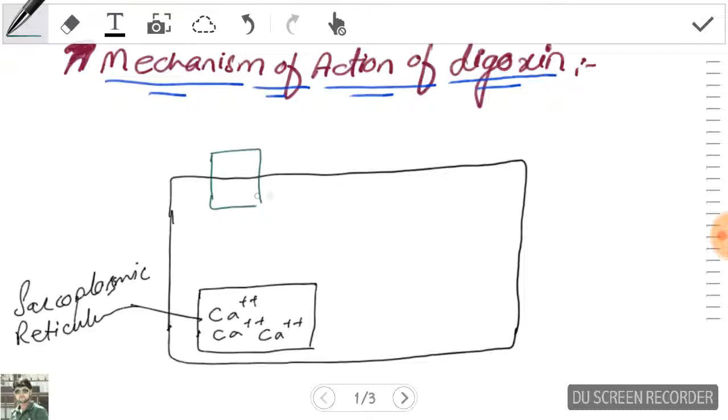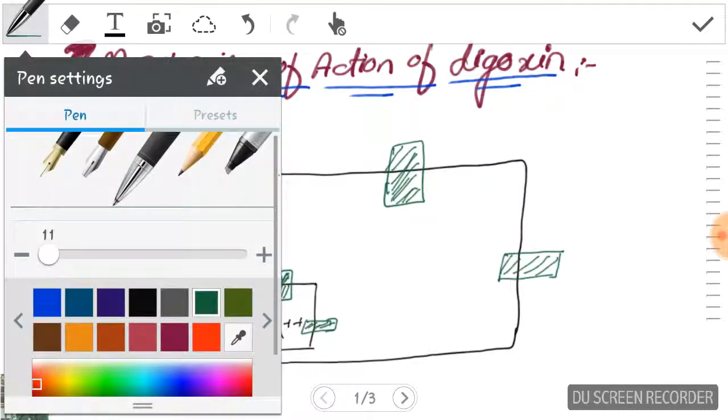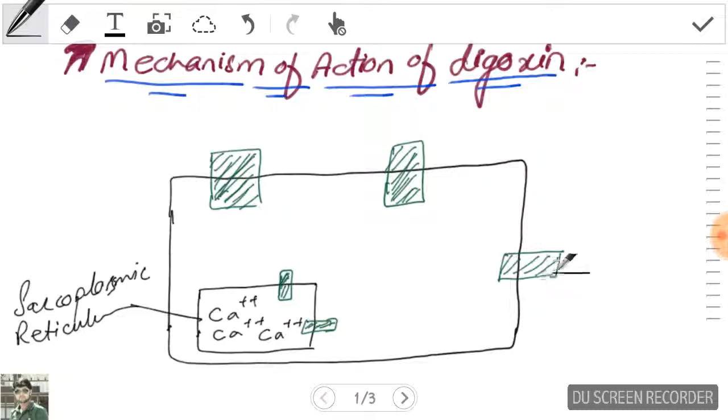This I made here is the sodium potassium pump, and here is the sodium calcium exchanger, and here are the L-type calcium channels. Here the calcium ATPase, and here the ryanodine receptors. So this is the L-type calcium channel.